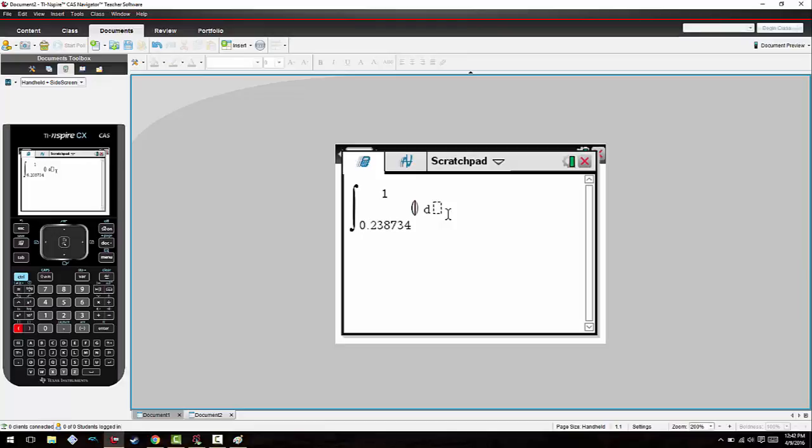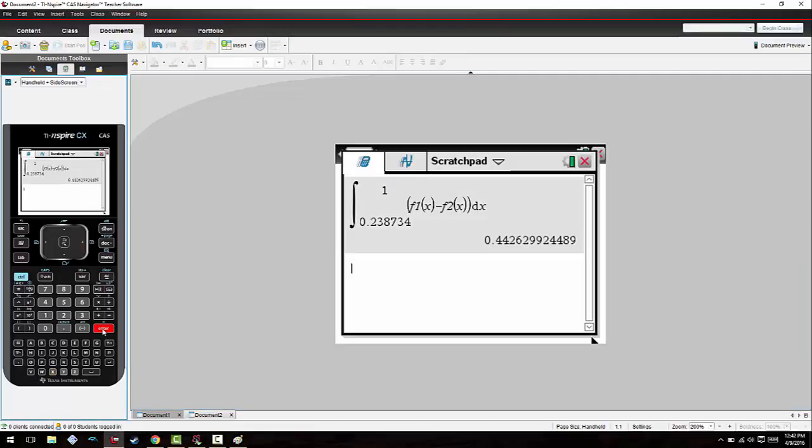I'm going to go ahead and go f1 in my calculator, f1 of x minus f2 of x dx. I'm going to hit Control, cross my fingers, hit Enter, and I get this 0.4426 number.